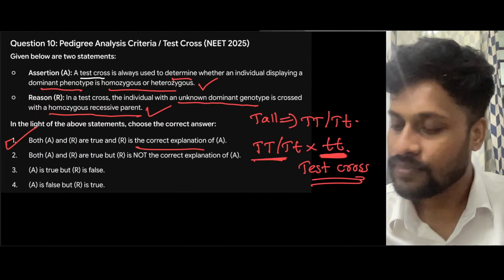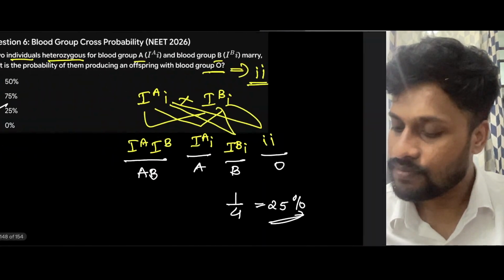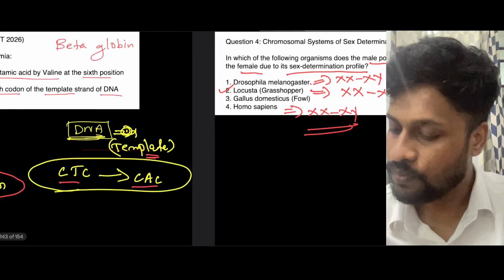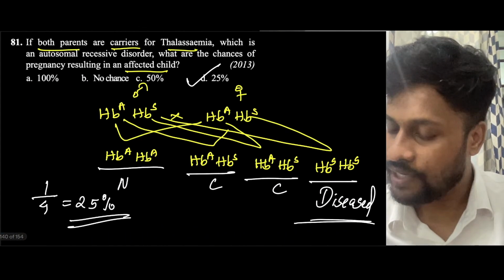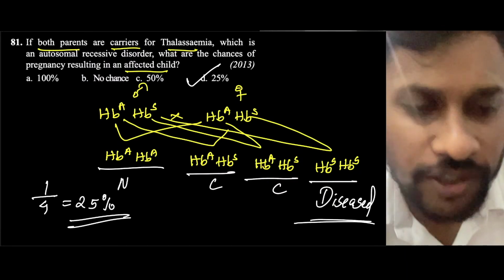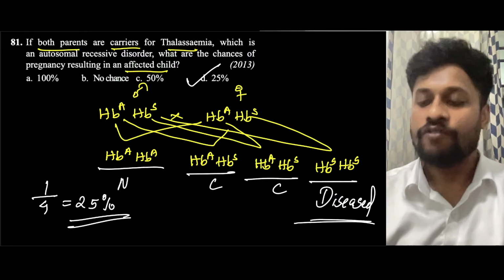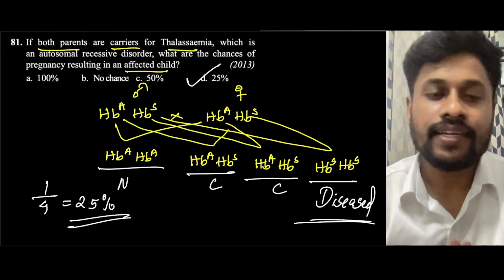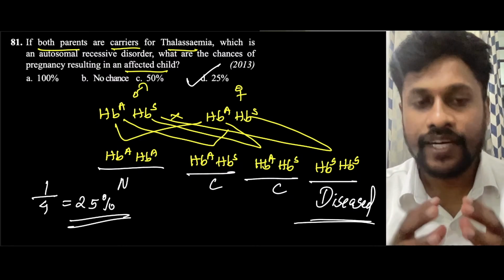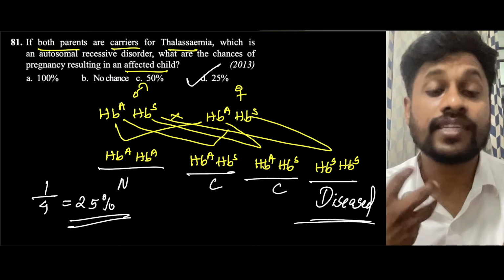Yes, so the chapter is over. We covered almost 90 to 100 questions. Now what is the benefit of discussing PYQs, guys? First of all, it gives clarity on how the questions are framed.